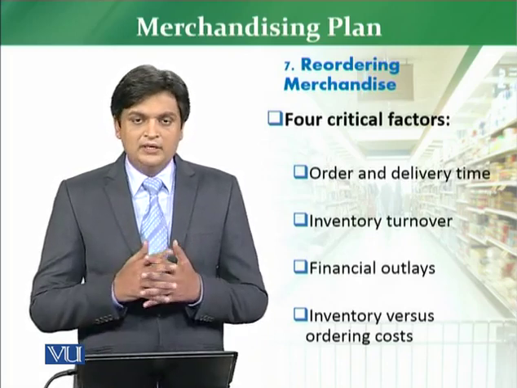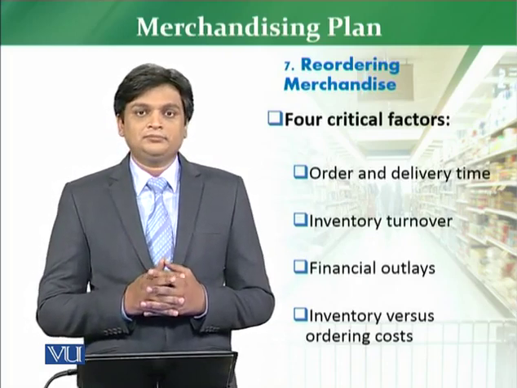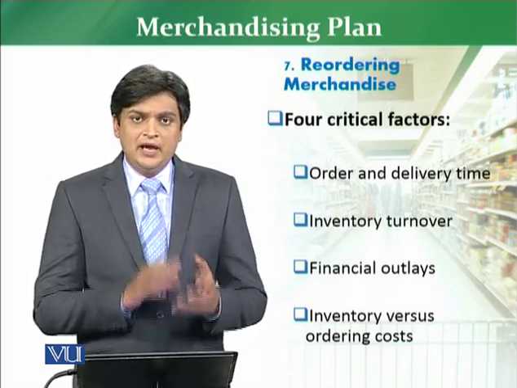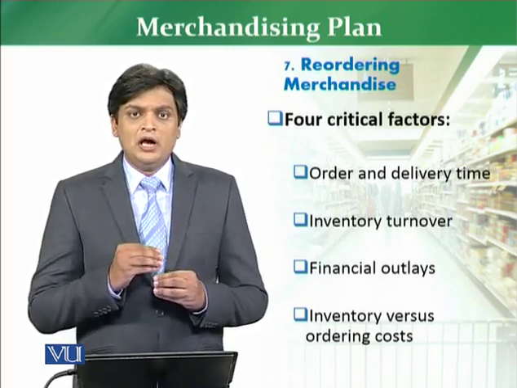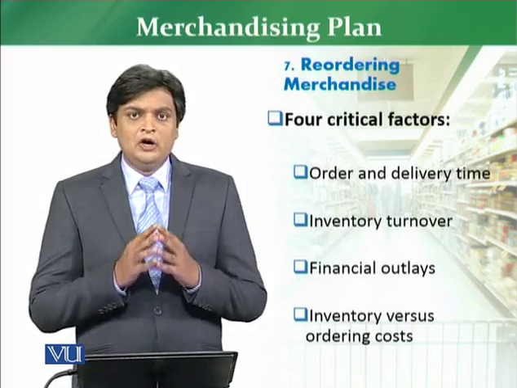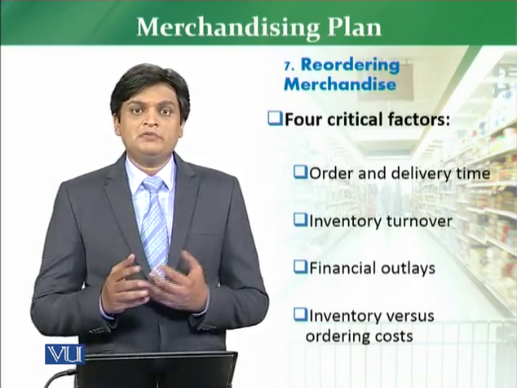So the second critical point is about the inventory turnover. The retailer normally discusses the inventory turnover with the supplier: how fast the goods can be turned out, how much is the rotation of the goods in the store. If it is about bakery items, of course the rotation would be very high.